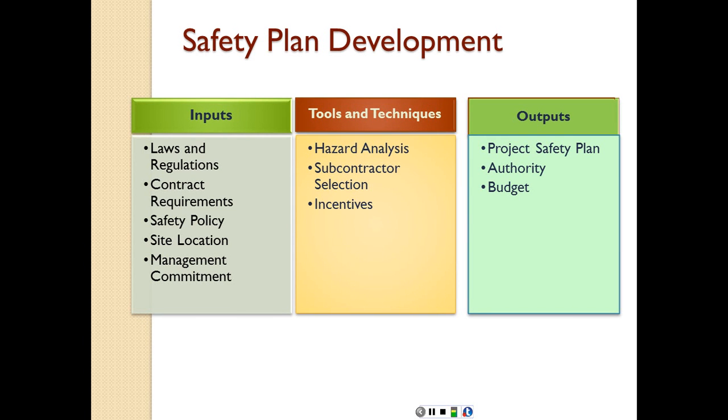Top management of the organization has to be fully committed to having a safe work environment, and there's going to be some expenditure associated with that, so they have to show that they're willing to spend that money. The tools and techniques are going to include the hazard analysis, subcontractor selection, how to select contractors who have a good safety track record to maintain a safe site, and incentives.